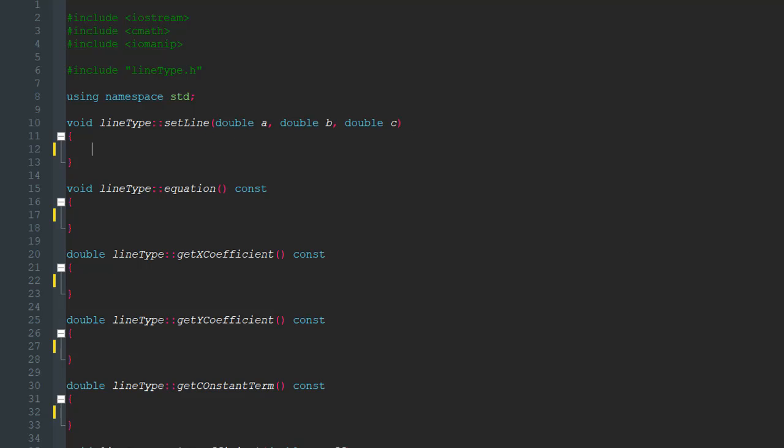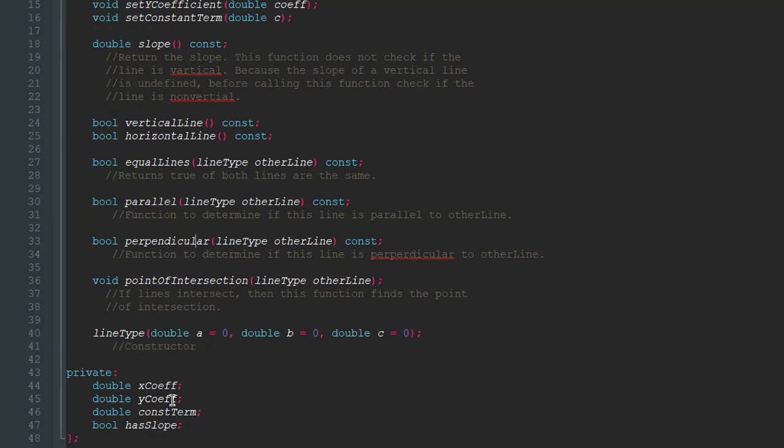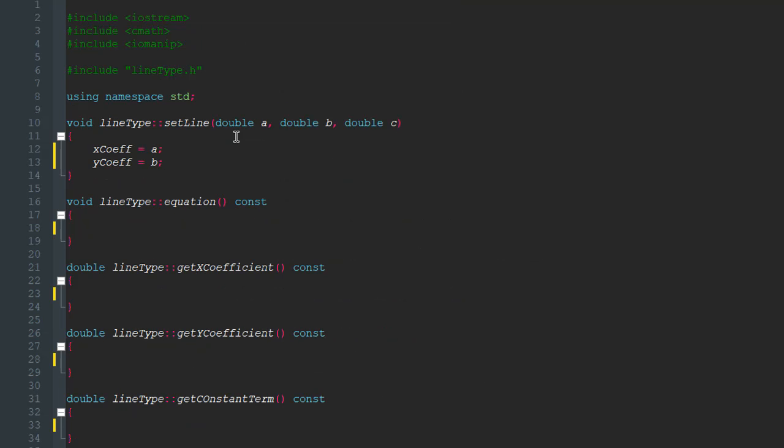Anyways, let's get to doing this code. So the first thing that we want to do is, by default, this is going to be set line. So all we're going to do is write in x coefficient must be equal to a and y coefficient must be equal to b, because those are the variables that we're using right here.